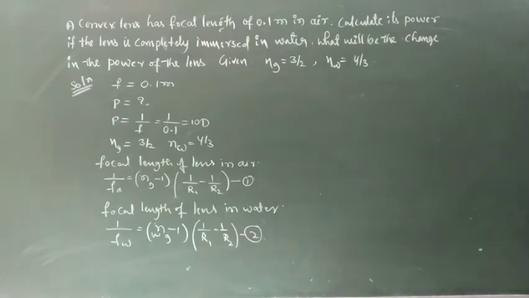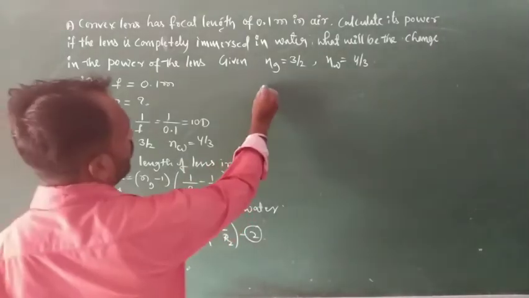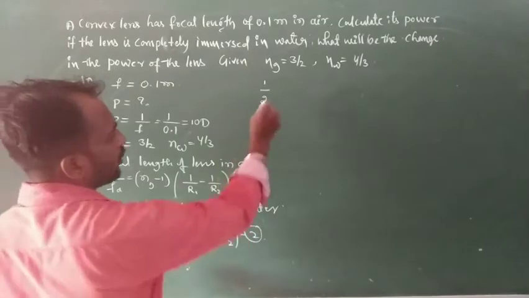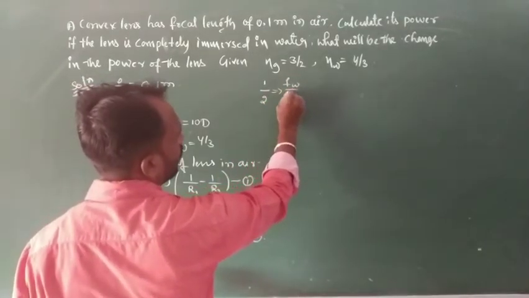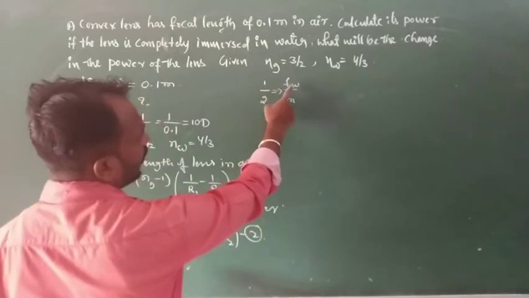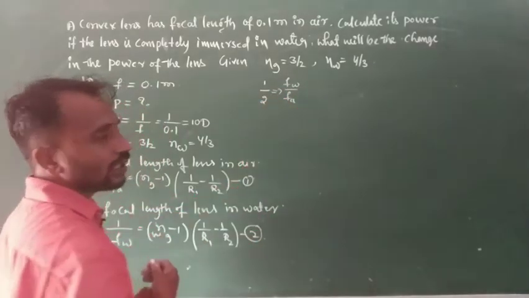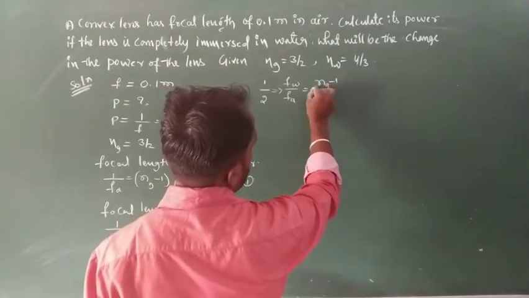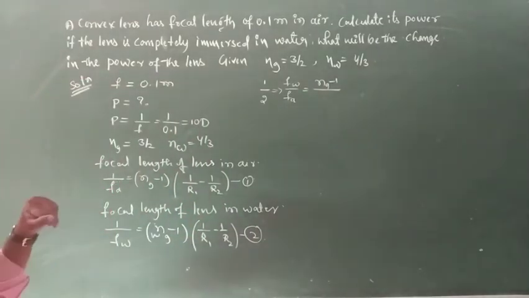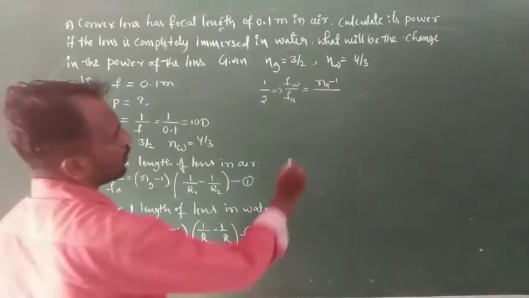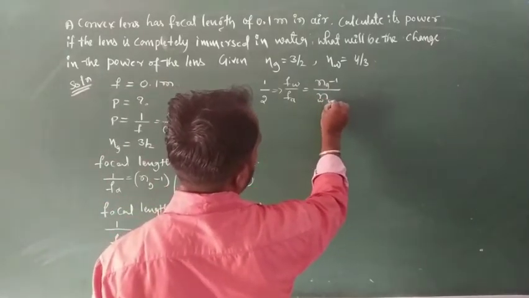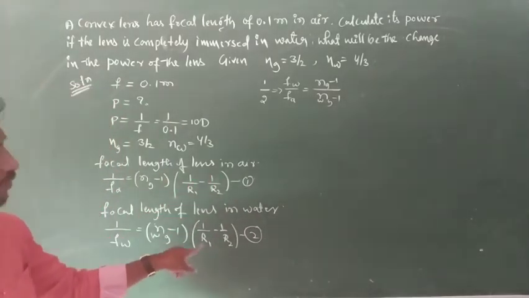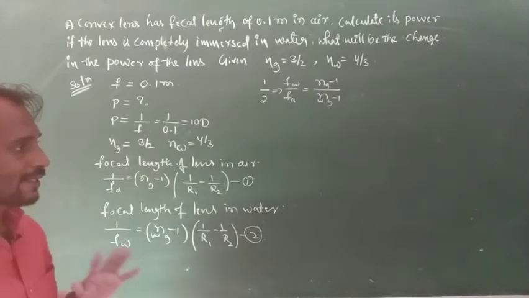Okay, so here dividing equation 1 by 2, what happens? The focal length of the lens in water divided by the focal length of the lens in air is equal to the refractive index of glass minus 1 divided by the refractive index of glass with respect to water minus 1. 1 by R1 minus 1 by R2 appears on both sides, so these two are cancelled.